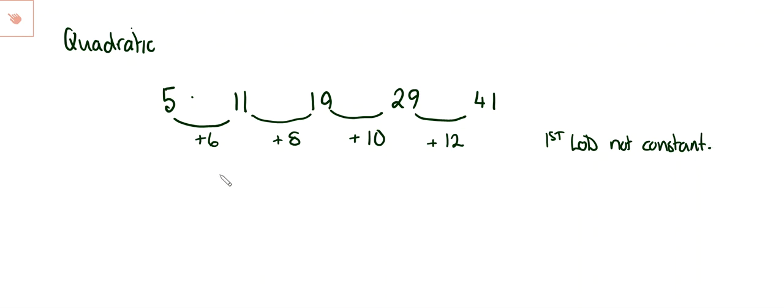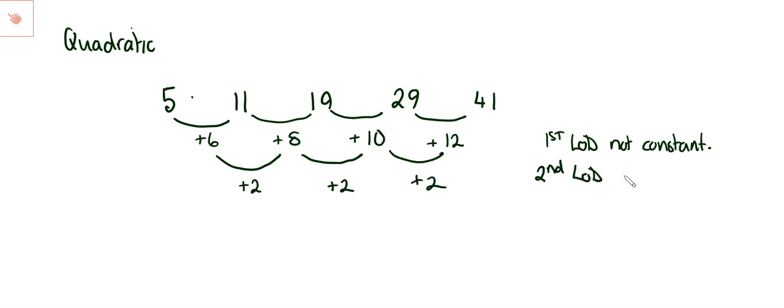So we did plus 6, plus 8, plus 10, which is actually plus 2, plus 2, plus 2. So the second line of difference is constant. Now, what did that tell us? It's not linear. Second line of difference means it's quadratic.